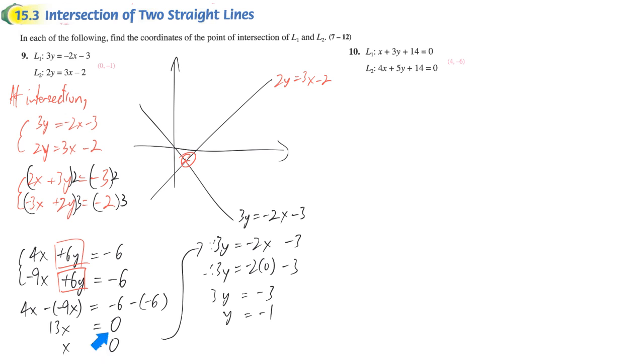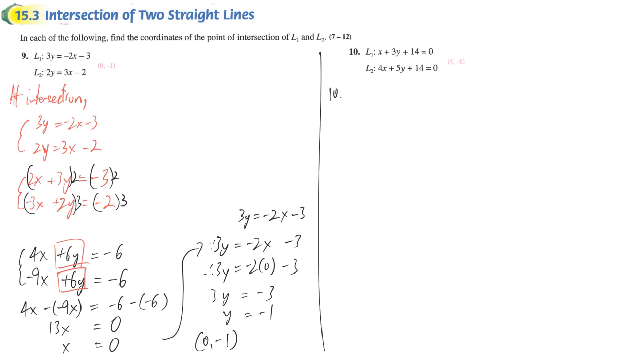So the conclusion is at this point x is equal to 0, and at the same time y is equal to negative 1. So 0, negative 1 is the point of intersection. I just roughly drew this graph before, so it's not accurate. They should intercept at the y-axis here.